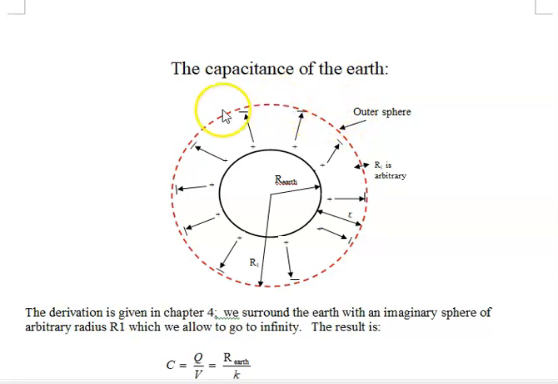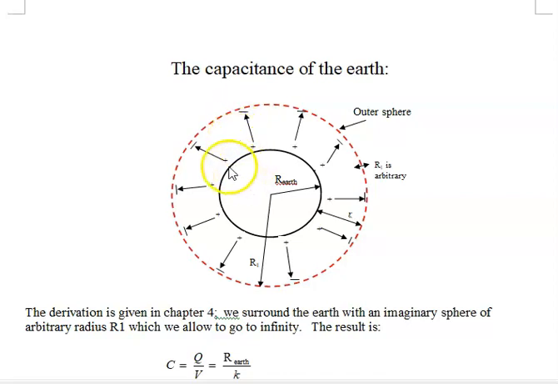And the outer sphere is an arbitrarily large sphere whose radius is larger than the radius of the Earth. And you notice I made this as a dotted line because we're going to move this in and out. We dump some charge on the Earth, positive charge in this case, and we find that for each positive charge, we have an arrow emanating out and ending on a negative charge.